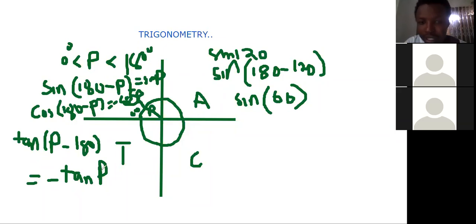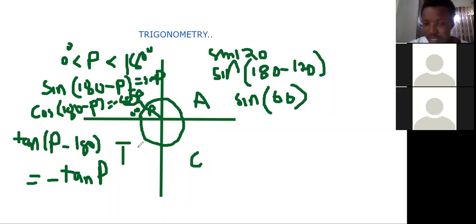When you finish, check when we subtract 210 minus 180, what are you getting? We want to find its corresponding acute angle. The acute angle is normally formed between the line and the horizontal. So we are talking about this side. That is why we subtract 180 from the angle you are given to get its corresponding acute angle.